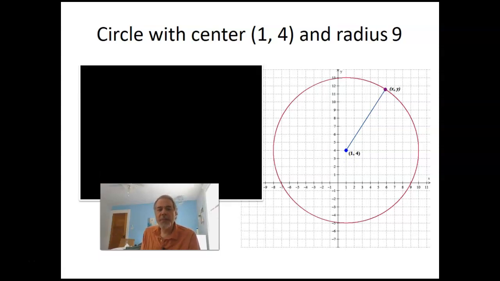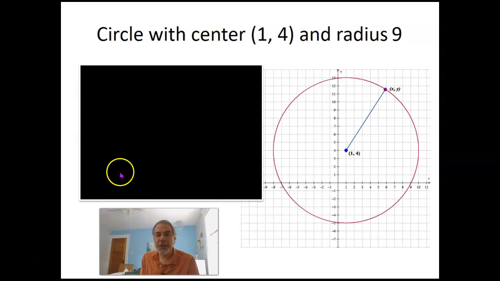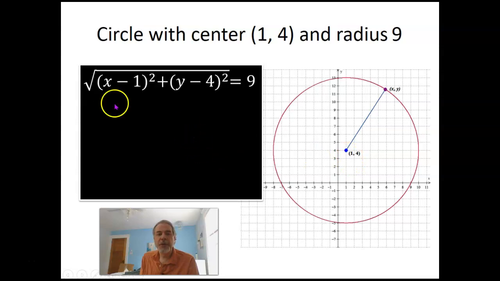Okay, so remember our distance formula. The distance between (x, y) and (1, 4) should be the square root of (x minus 1) squared plus (y minus 4) squared. And we want that distance to equal 9.